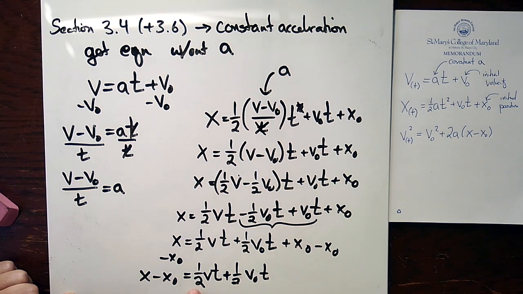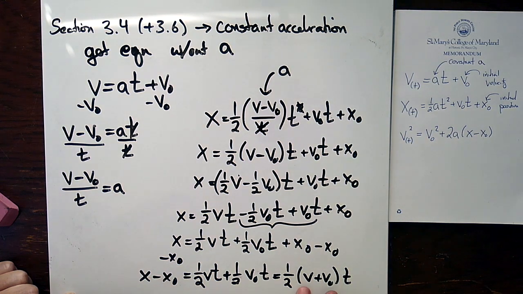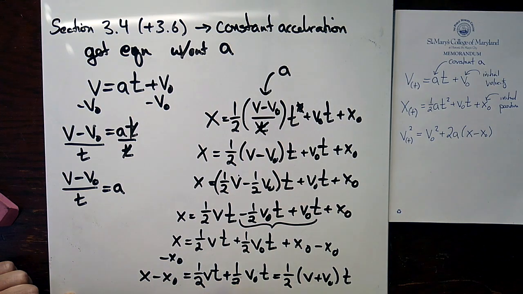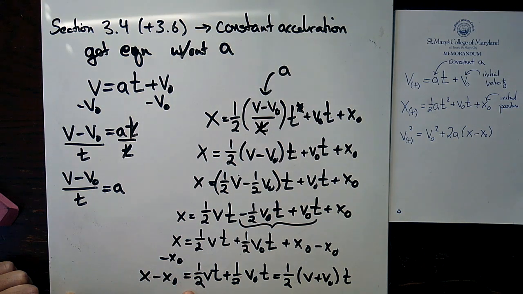I see they both have a 1/2, they both have a t, and the only difference is the 2 velocities. So I can rewrite that as 1/2 v plus v naught times t. So all I've done is I pulled the 1/2, I pulled those out, and the t's, I pulled those back. So if you redistribute the 1/2 and the t, you'll re-get this.